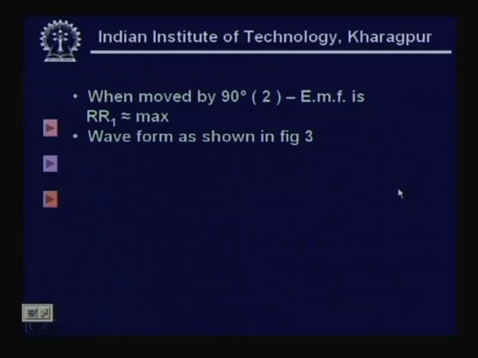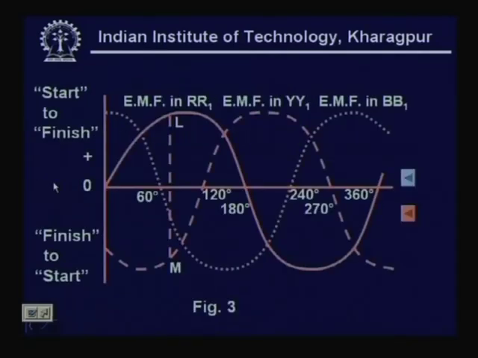So, the waveform generated could be like this. As you can see, you have EMF in RR1 shown by a bold line, followed by a dotted line for EMF in BB1 and a hashed line for EMF in YY1.